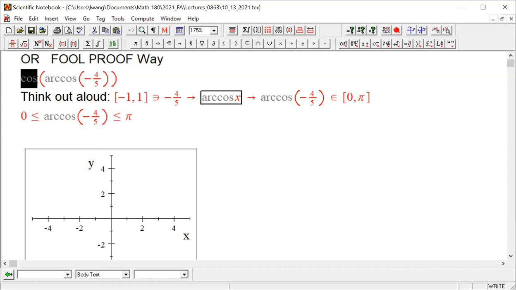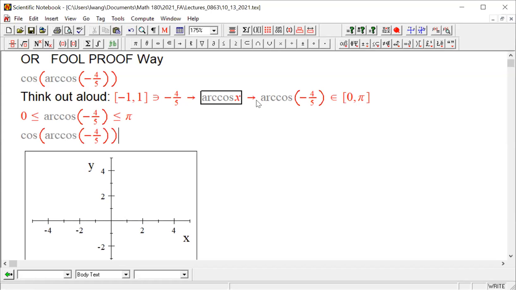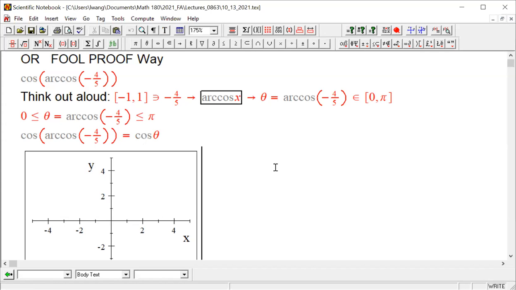So when cosine is applied to this, sometimes we introduce a symbol called theta. So this becomes cosine of that theta. From this process, you know the theta is between 0 and pi.